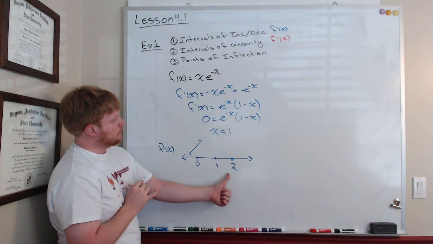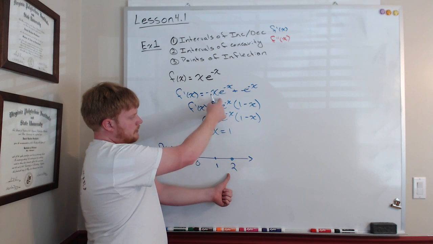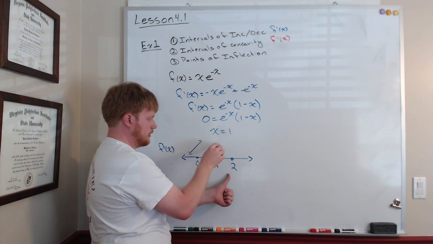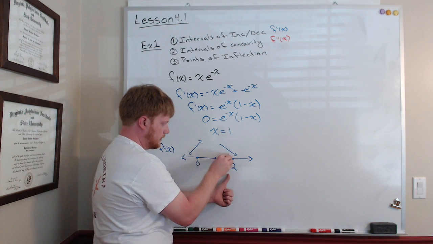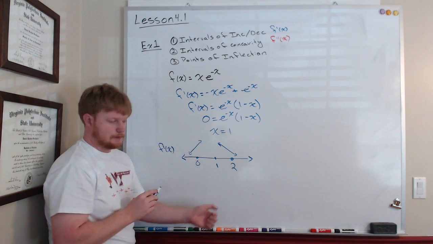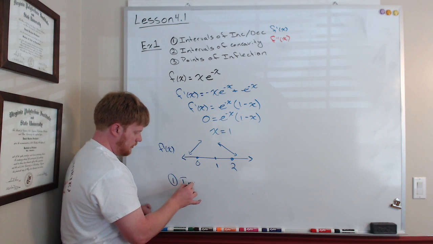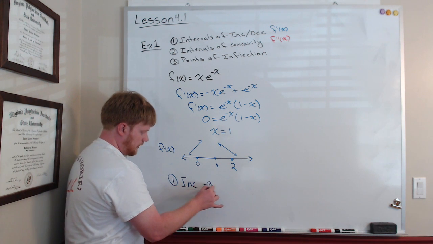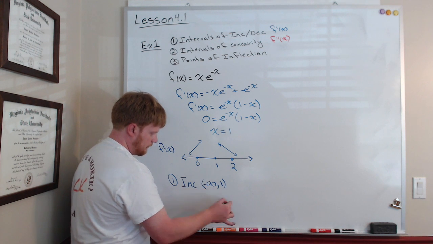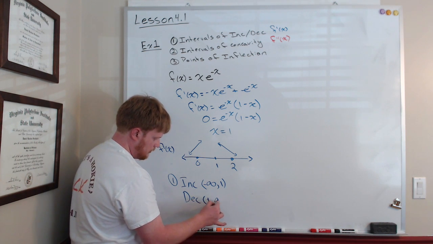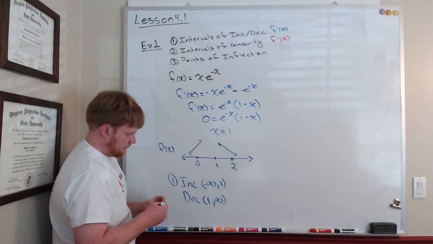When I plug in 2, I get e to the negative 2 times 1 minus 2, which is negative 1, which is going to be negative, which implies that I'm decreasing. So for part 1, I'm increasing from negative infinity to 1 and decreasing from 1 to infinity.